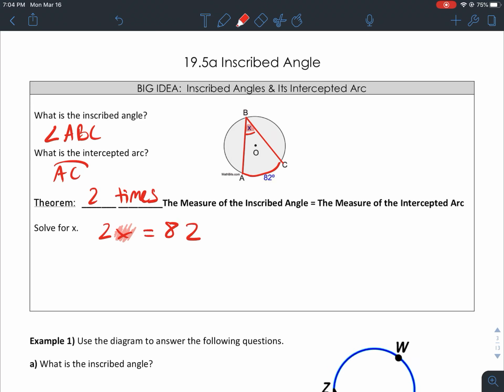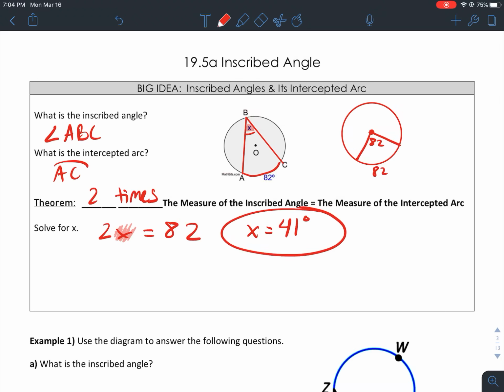So 2 times that is going to equal the intercepted arc. Now, if you recall, for central angles, the angle was equal to the arc, right? If I said this was 82, then my angle was 82. But in this case, my angle is actually going to be equal to 41 degrees because it's equal to half the measure of the arc.